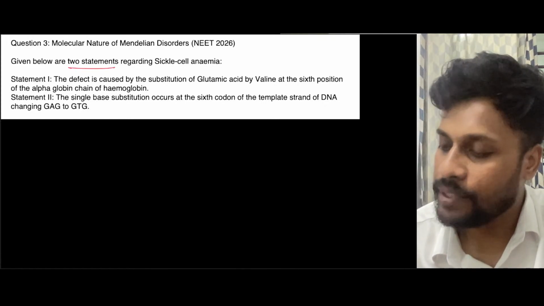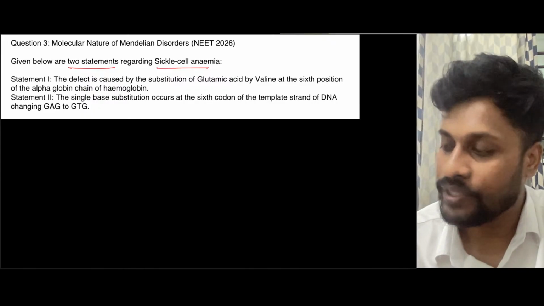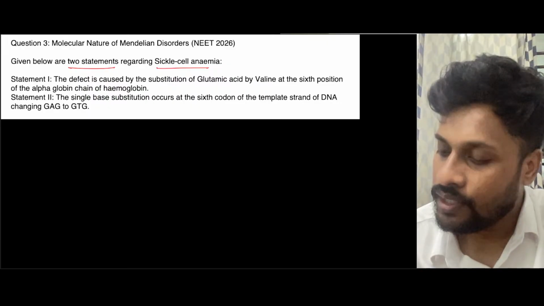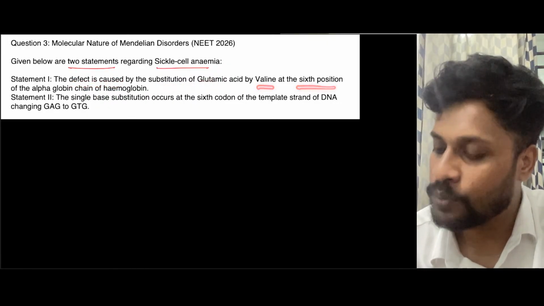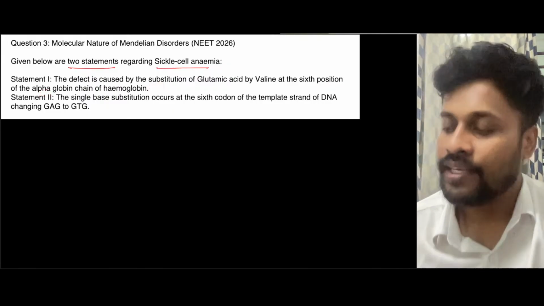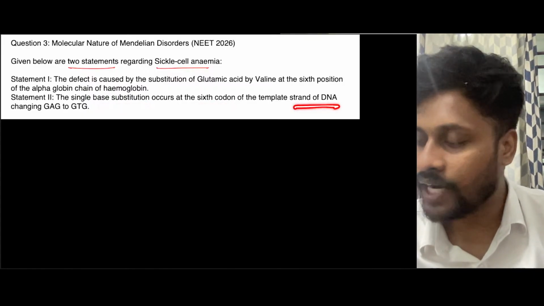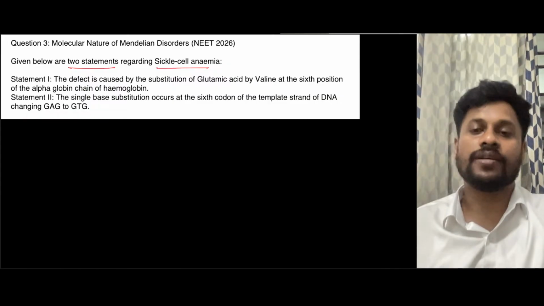Now, given below are two statements regarding sickle cell anemia. Statement 1, it's very good question. The defect is caused by substitution of glutamic acid by valine at the sixth position of the alpha chain of hemoglobin. Then single base substitution occurs at the sixth codon of the template strand of DNA, changing from GAG to GTG.